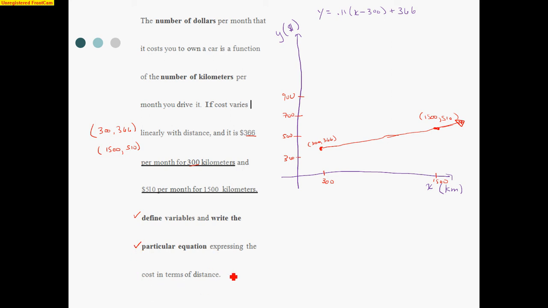This didn't ask me to graph, but remember I told you to graph and label. For a real-world problem, I've graphed the points from the equation, and now I need to ask myself, are the intercepts reasonable?